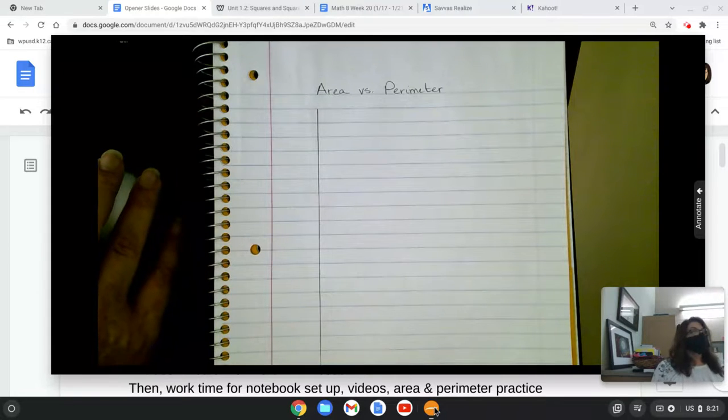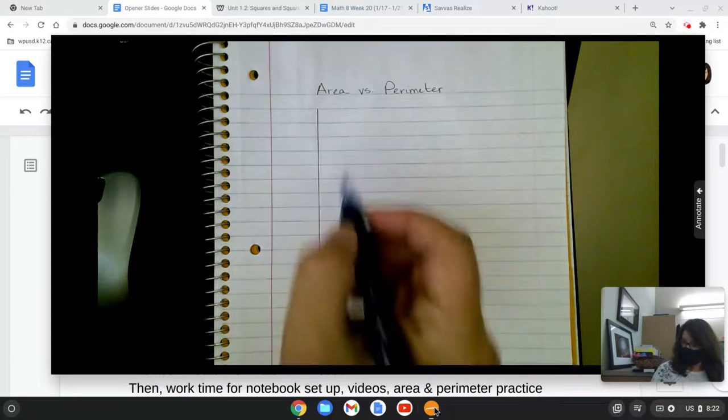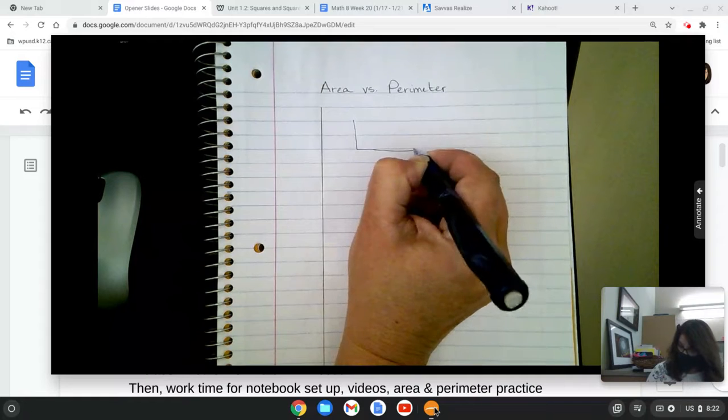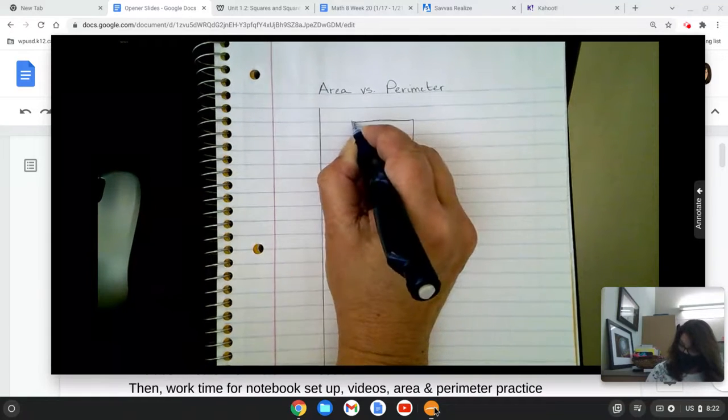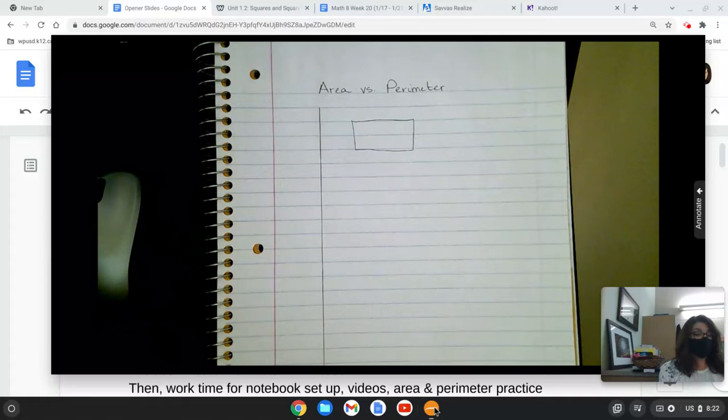So let's say we're playing Minecraft or we're playing Animal Crossing. We're setting up our island, housing our pigs, whatever is going on. And we just draw a really simple rectangle shape. What do we call the inside of the rectangle? What do we call the outside of the rectangle?